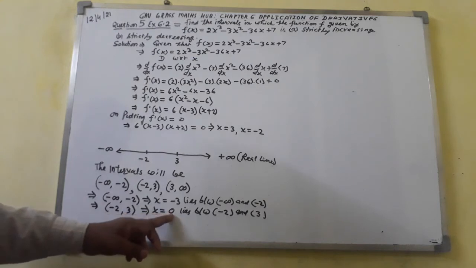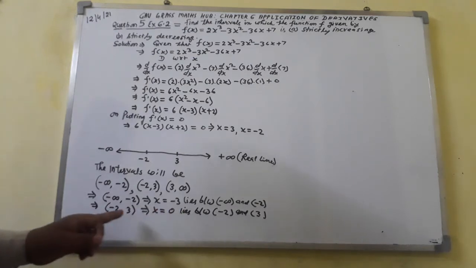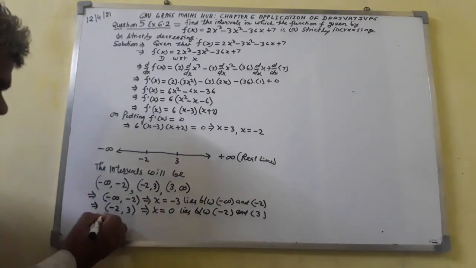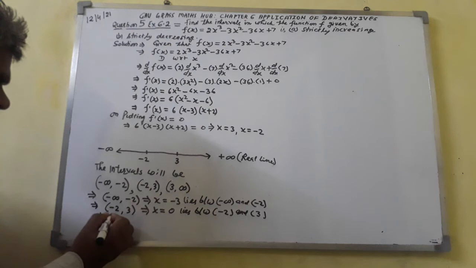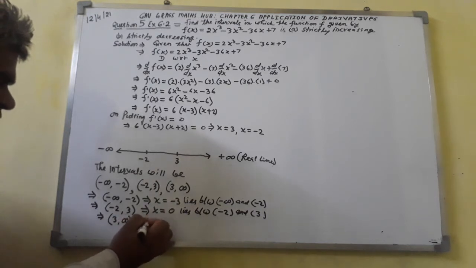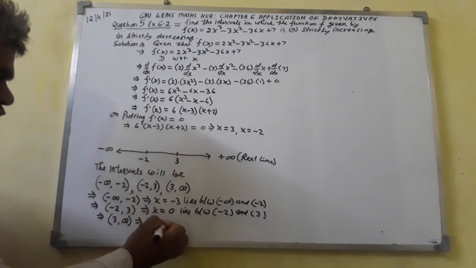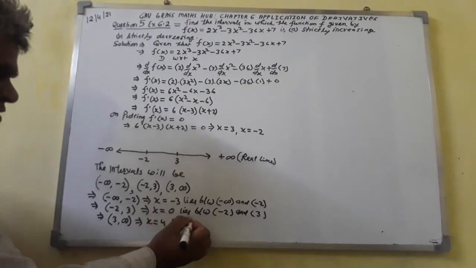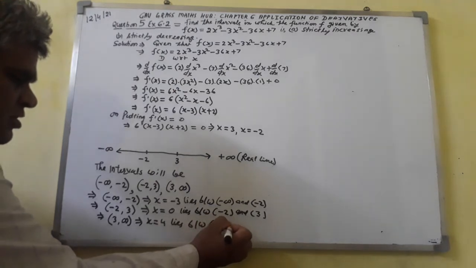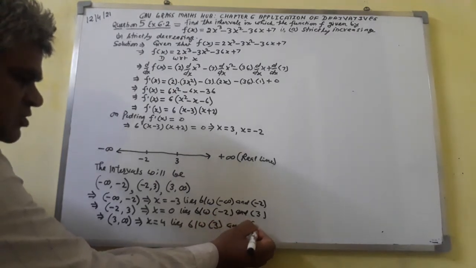So x equal to 0 will lie between minus 2 and plus 3. And open interval 3 comma infinite open interval implies that x is equal to 4 lies between 3 and infinite.